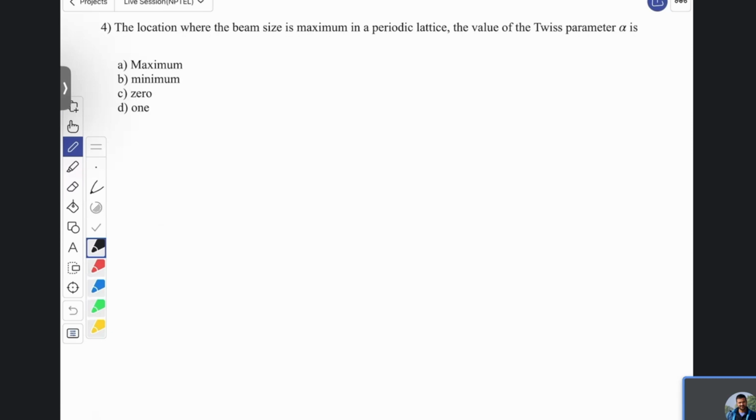Now the next question: the location where the beam size is maximum in a periodic lattice, the value of this parameter alpha is. So I mentioned the beam size is given by this envelope, which is quantified by beta of s, and alpha is beta prime, right?